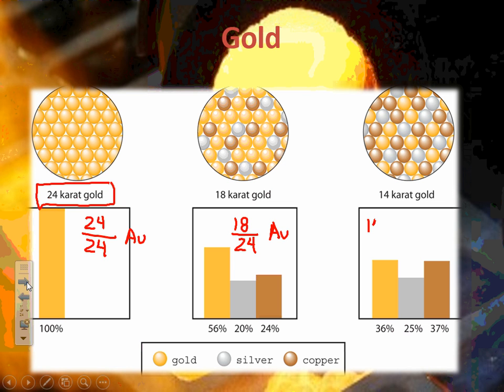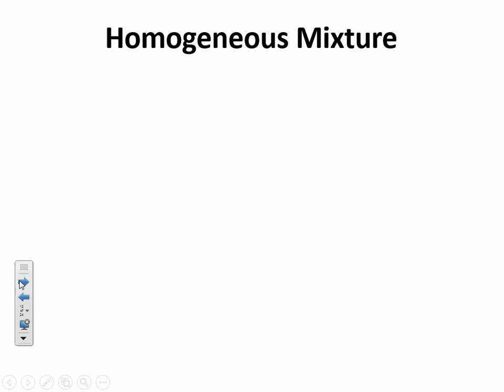And when it's 14 karat, it's 14 out of 24 parts. The other metal in it tends to make it more durable, otherwise it would wear out too quickly. Most of your jewelry is either 18 karat gold or 14 karat gold. When you have those gold alloys, they are homogeneous mixtures.